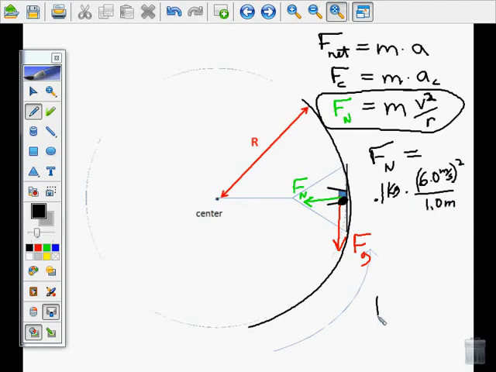Yes? And what do we get for the normal force at this point? How much does the platform have to push in on that glass to keep it there? Michael? 0.6 newtons? You have to learn. 0.36. 3.6. 3.6 newtons.